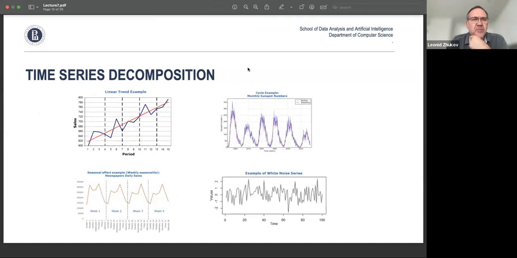So here is an example where you see that the blue line is the overall data, say sales data over some period, and you notice that there is an increasing trend here, and you can actually take an average and get that red line. That will be the trend.